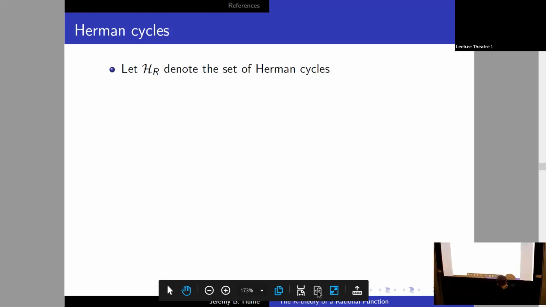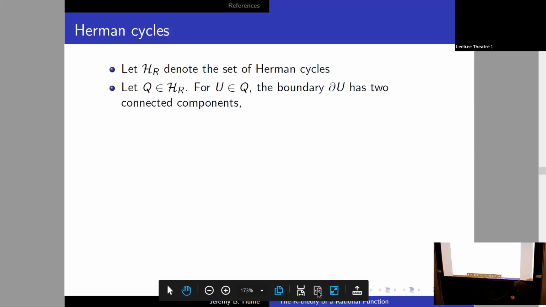So, for example, maybe I should start clicking through some slides. We could choose this boundary component. See where it's mapped by R. Say it's mapped here. And this would be an orientation for this Hermann cycle.